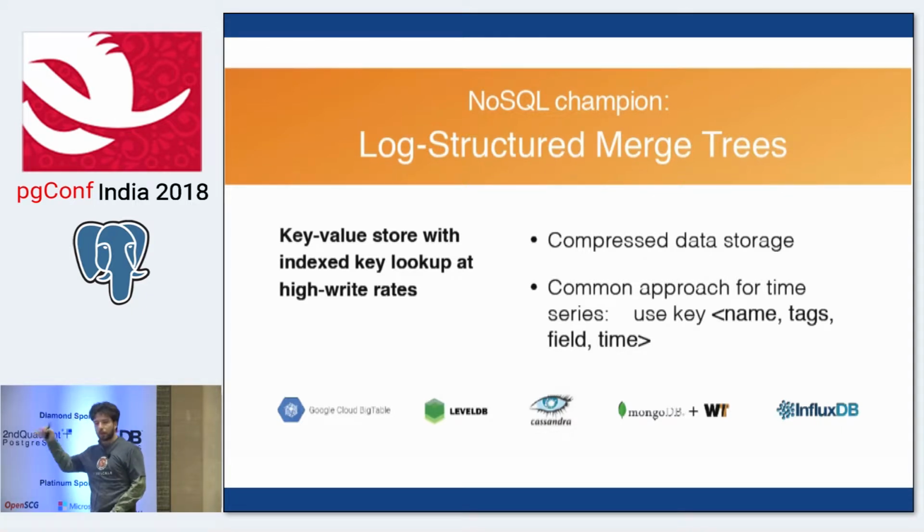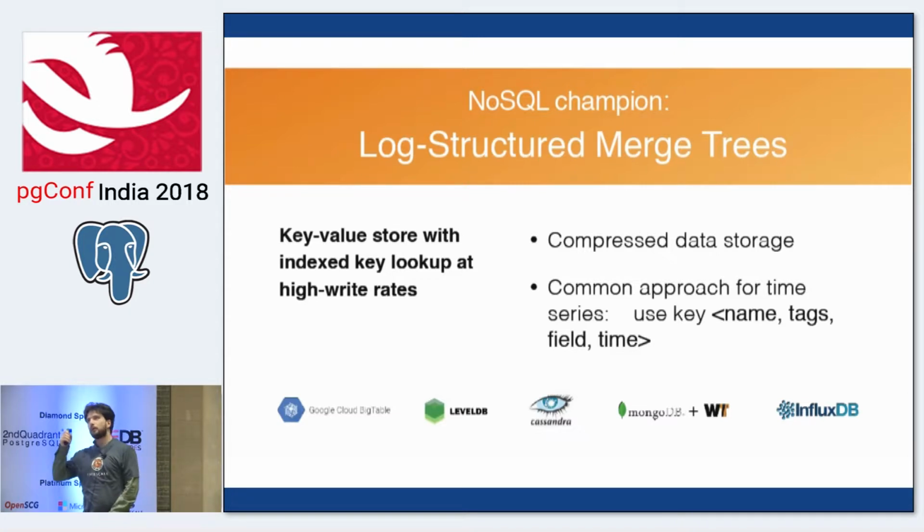And there are a lot of NoSQL systems around, but I'm going to talk about the ones that use log structured merge trees, which is the vast majority of them. You can see the list here. And a log structured merge tree was really invented to do efficient key value stores.